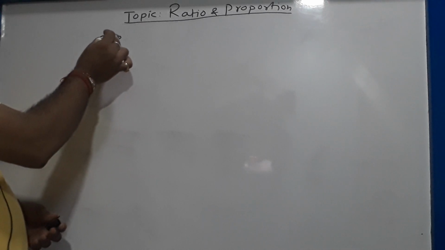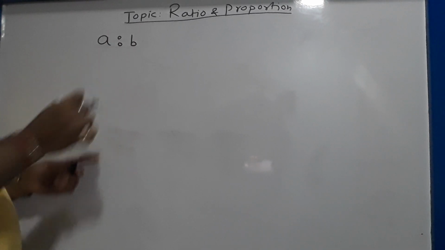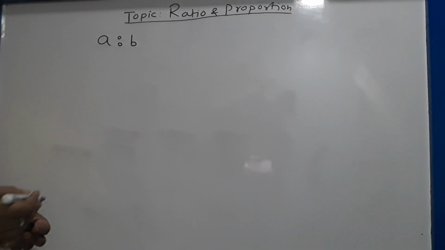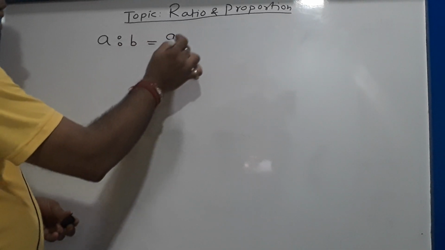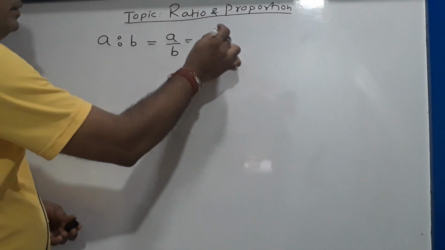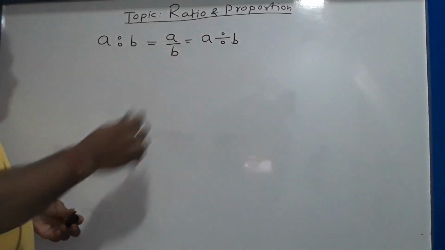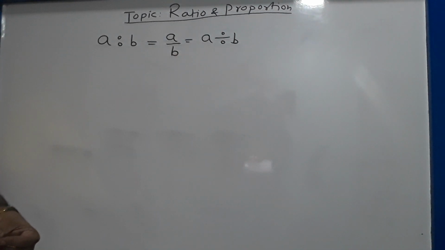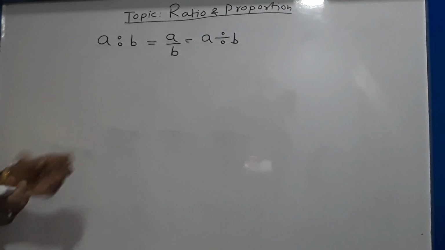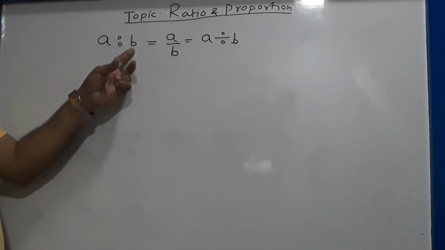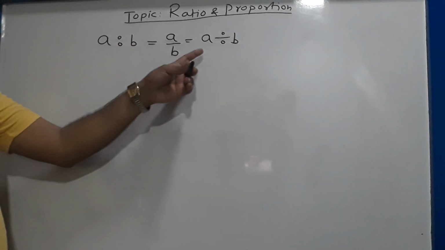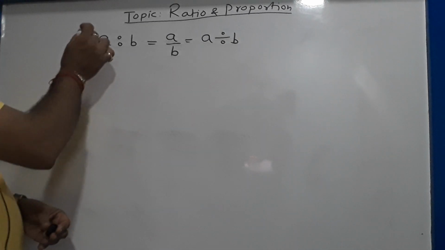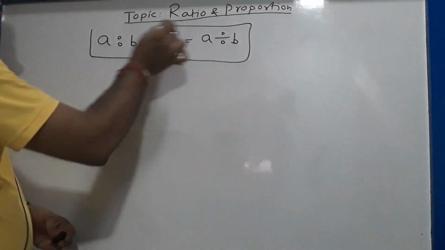A is to B. This we read as A is to B or A upon B or A divided by B. So A ratio B means A upon B or A is to B. A is to B is same as A upon B. A upon B is same as A divided by B. So this is the basic definition of ratio.